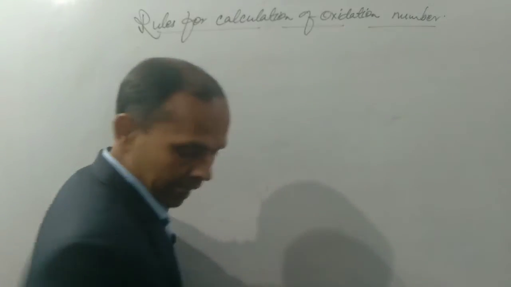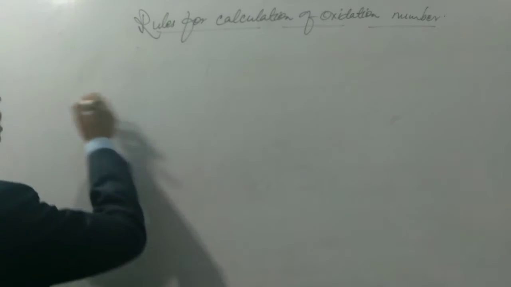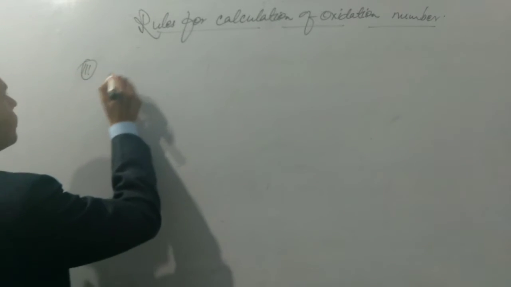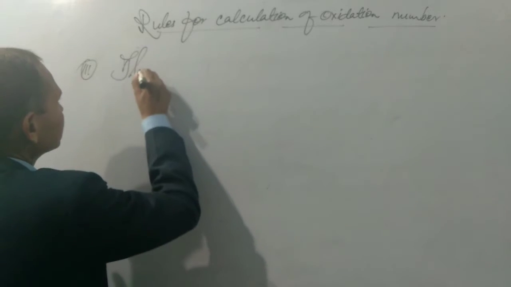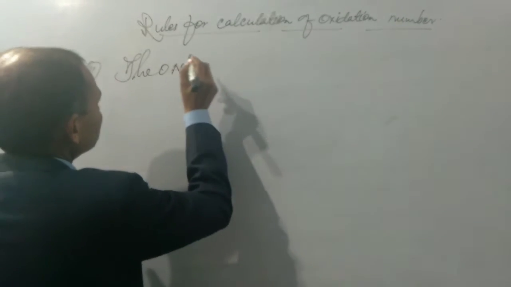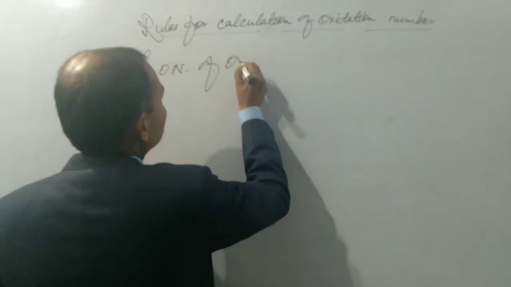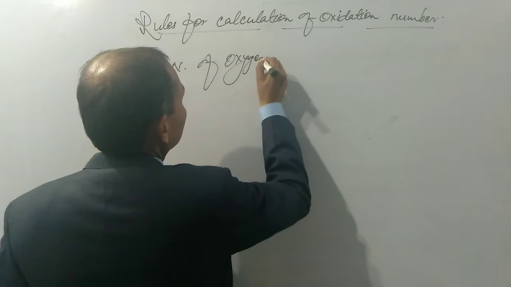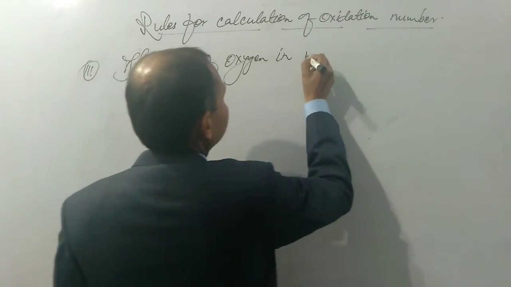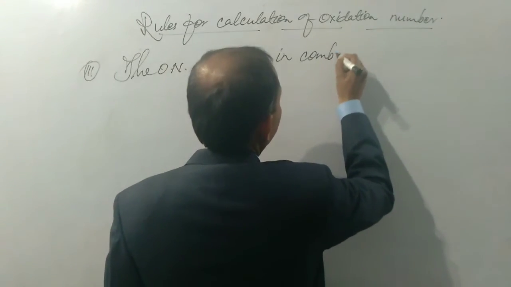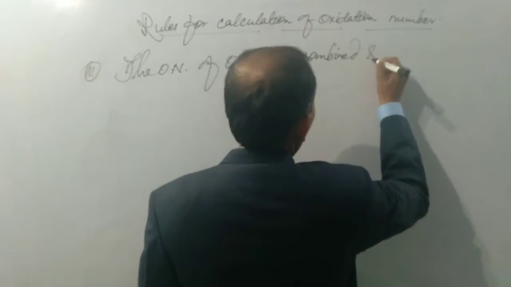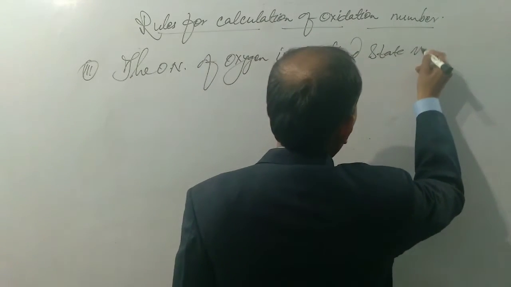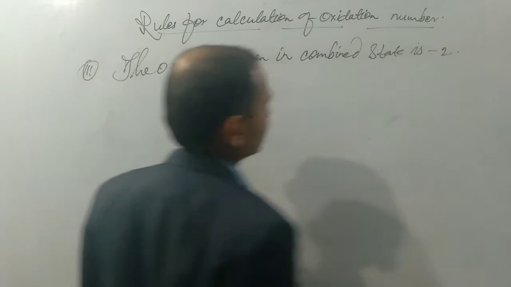So we can write the third rule in this way. The oxidation number of oxygen in combined state is -2.